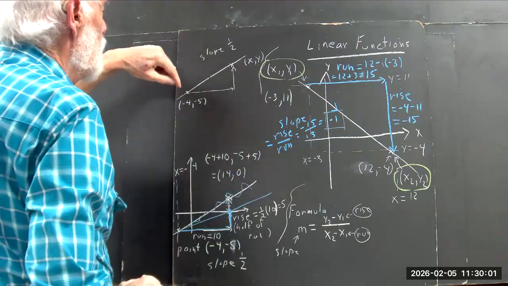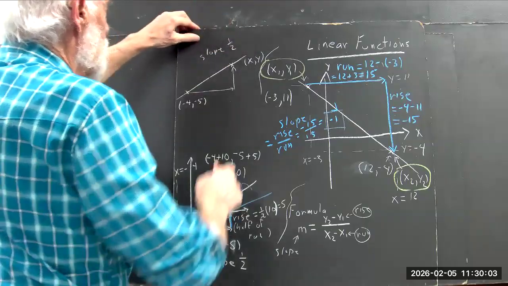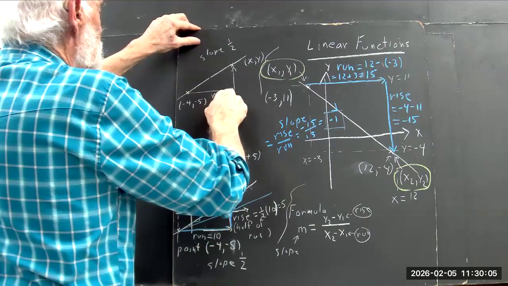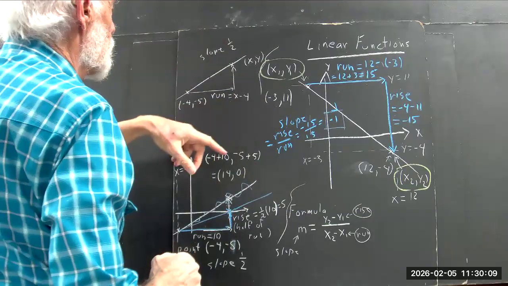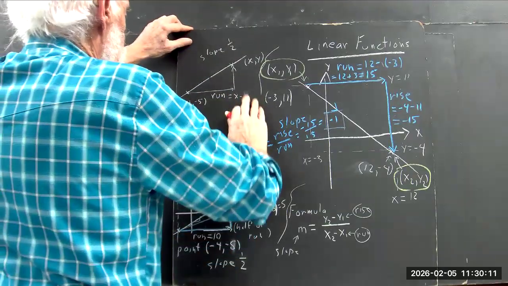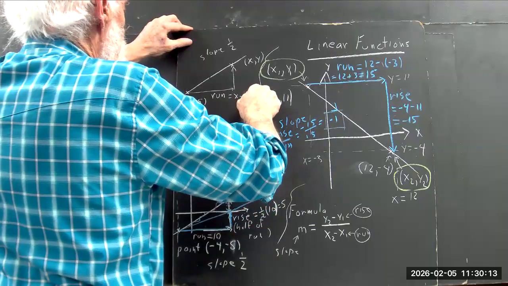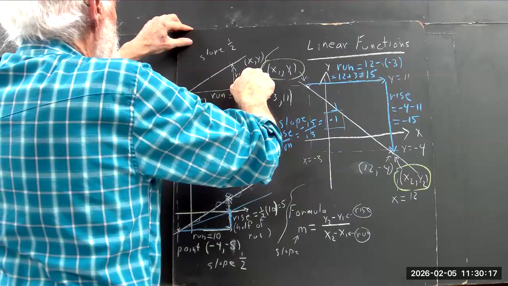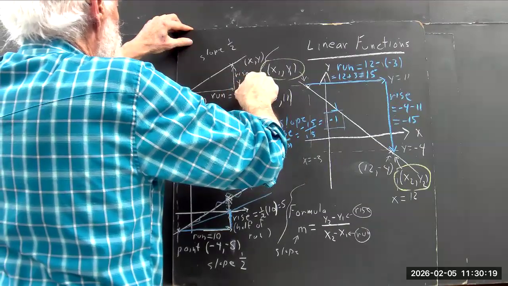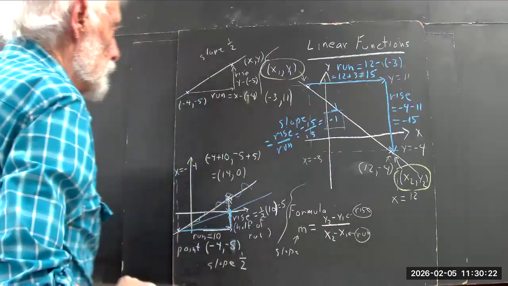Then what's the run? From -4 up to x, the run is x minus -4. And the rise is y minus -5.